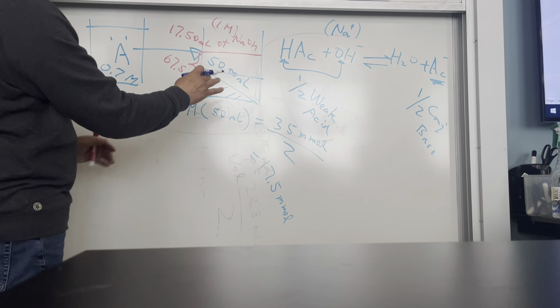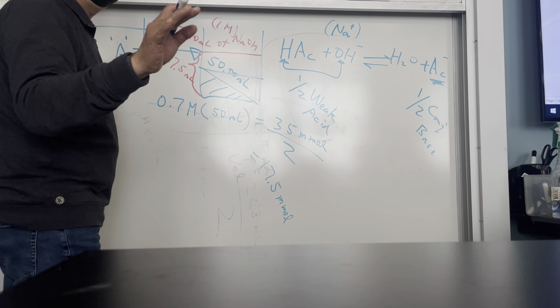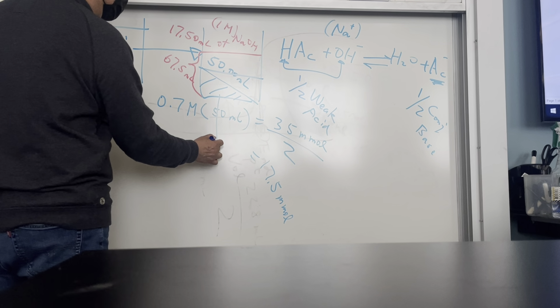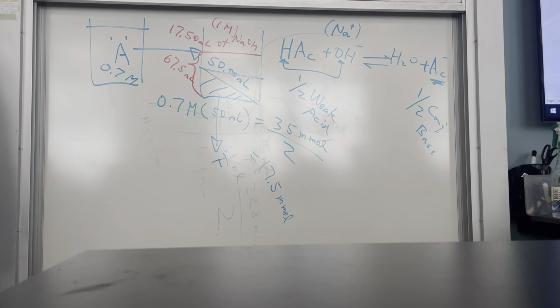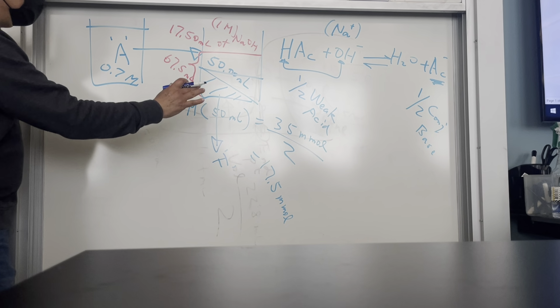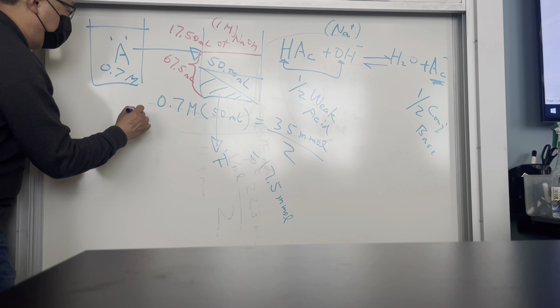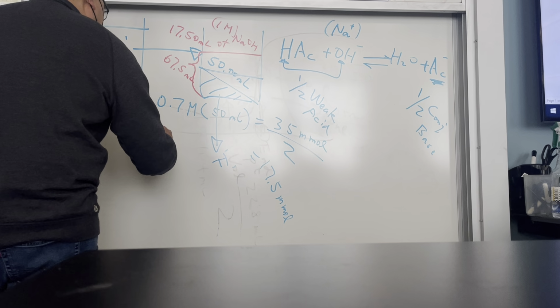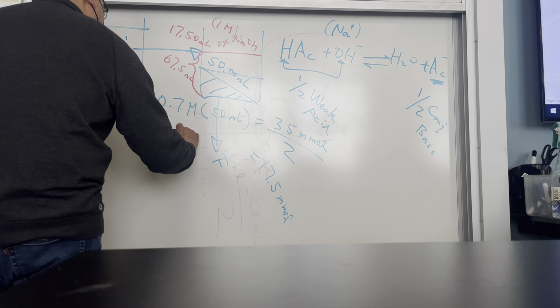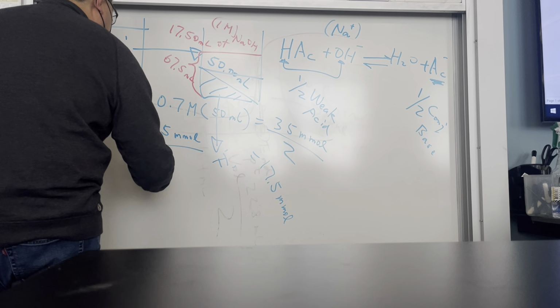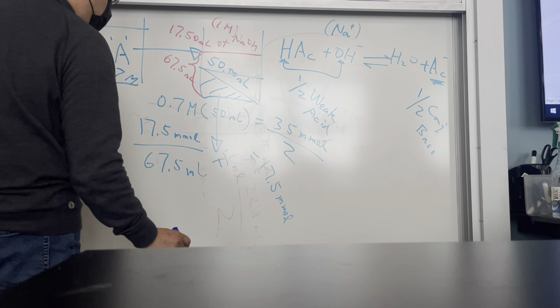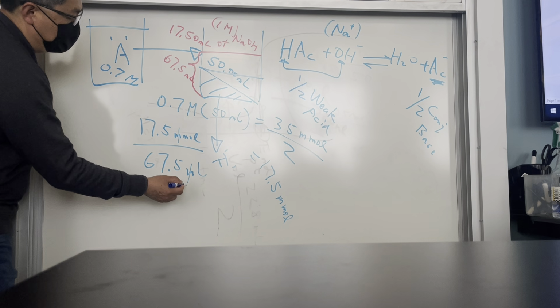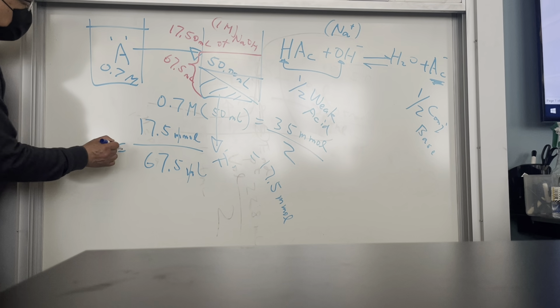Let's follow the English alphabet, so we call this solution F. Now we have 17.5 millimole of the weak acid divided by 67.5 milliliter, and the milli and milli cancel.